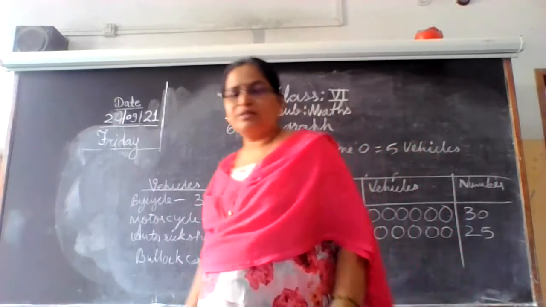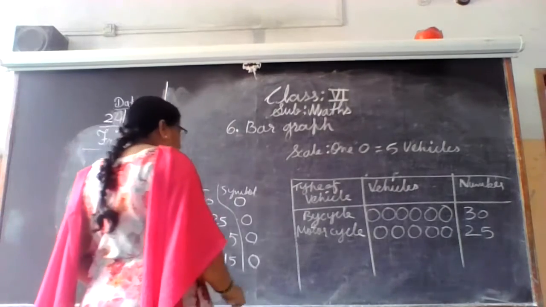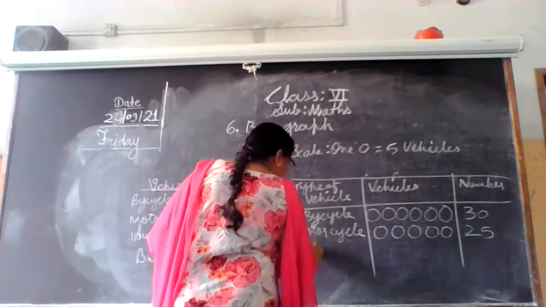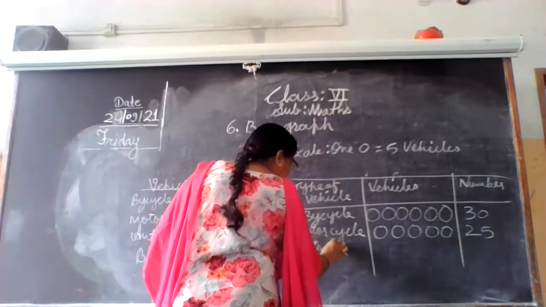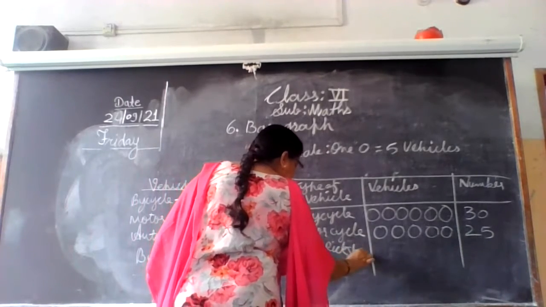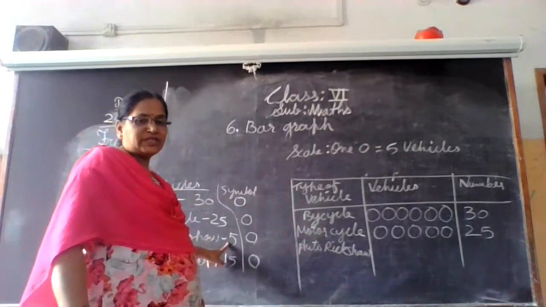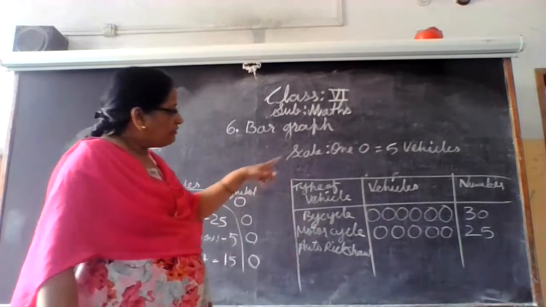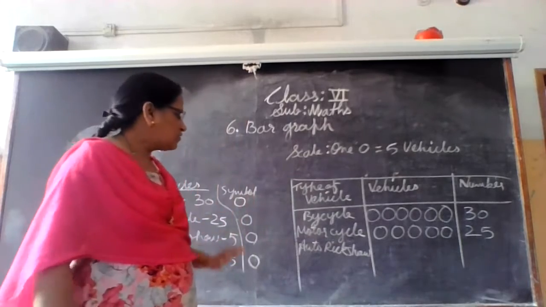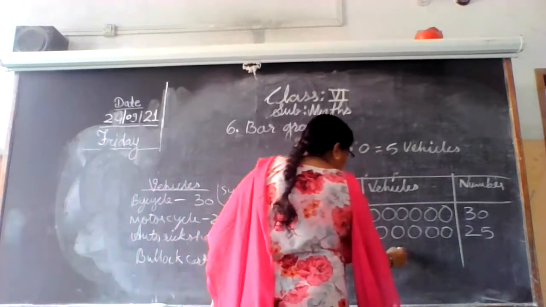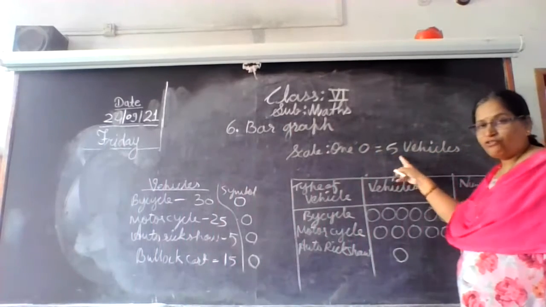Now another is auto rickshaw. The number of auto rickshaws is 5 and one circle represents 5. So how many circles do you have to draw here? Only one, because one represents 5.